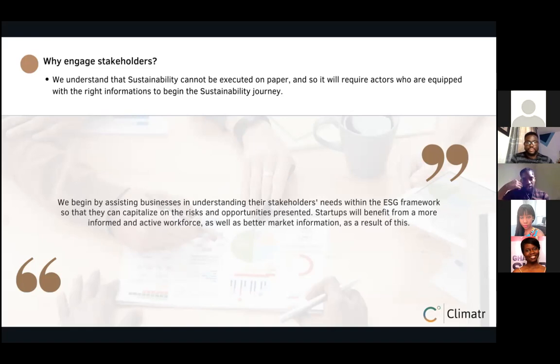It's something they would feel part of the development of, and that helps ensure that enforcement, which is a critical component of having an ESG roadmap, is actually executed at the end of the day. So we begin by trying to understand the different needs of the stakeholder groups, and then use that to classify which of them are risks and which of them are opportunities.